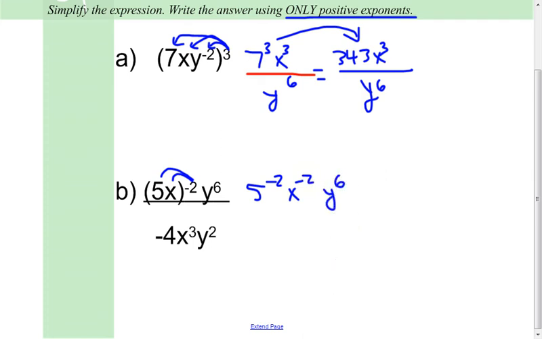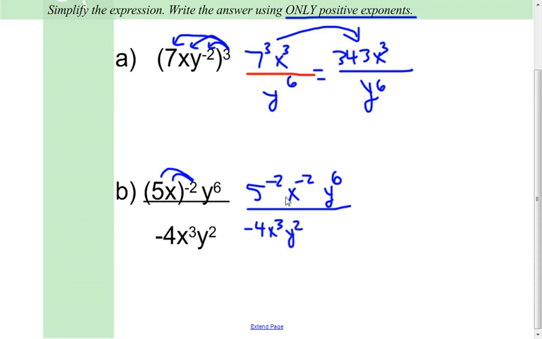We are eventually going to have to take these two pieces and move them down to the bottom. We've got nothing down here that I see can be simplified just yet, so I'm just going to write it: x to the third, y squared.